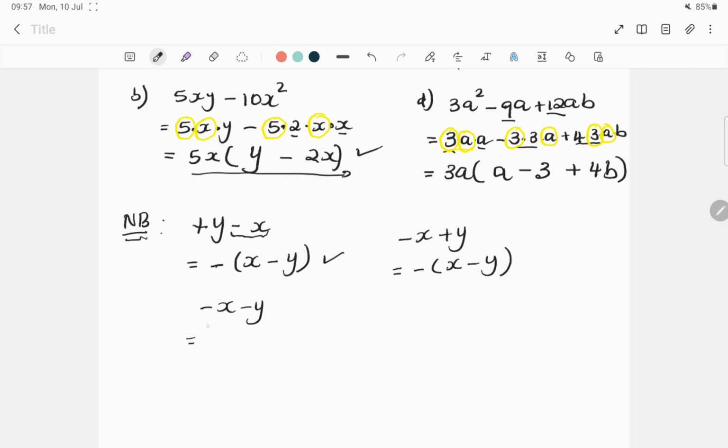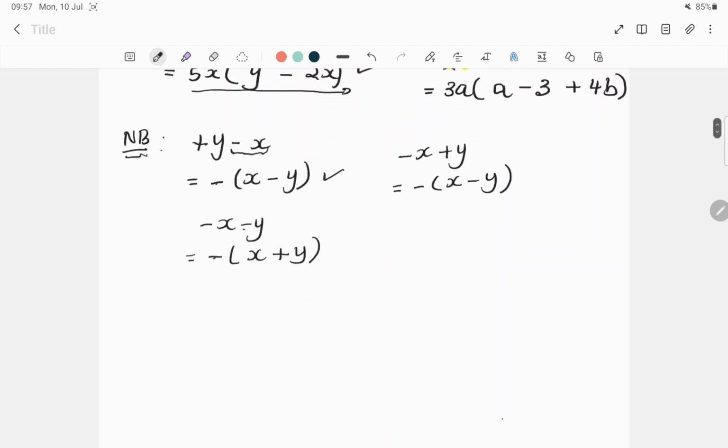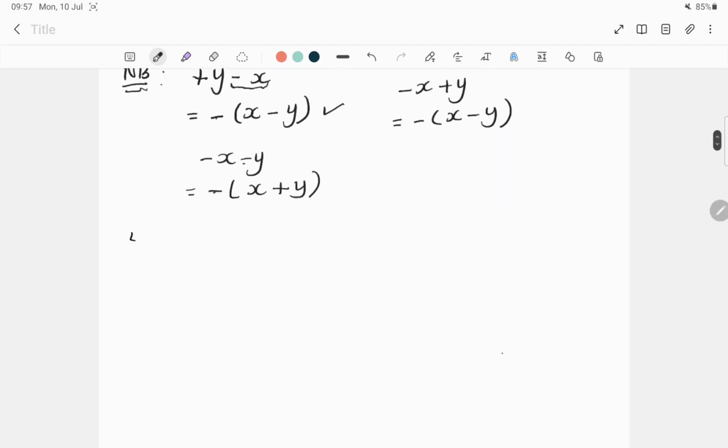When you have a negative, please make sure you take out that negative as a common factor. It will become negative. Then x, this one will change to become plus y, because when you say negative times positive, it's negative. So be careful of this. Now let us look at example.